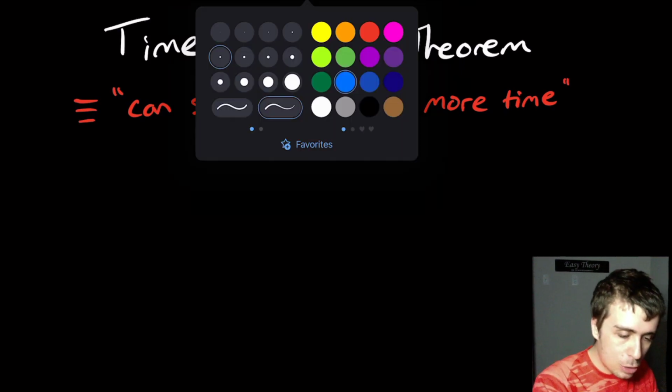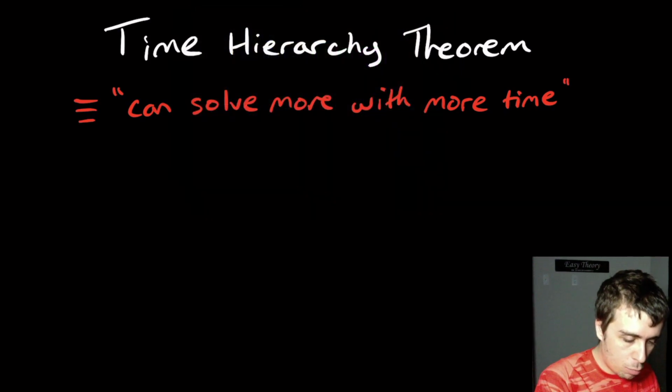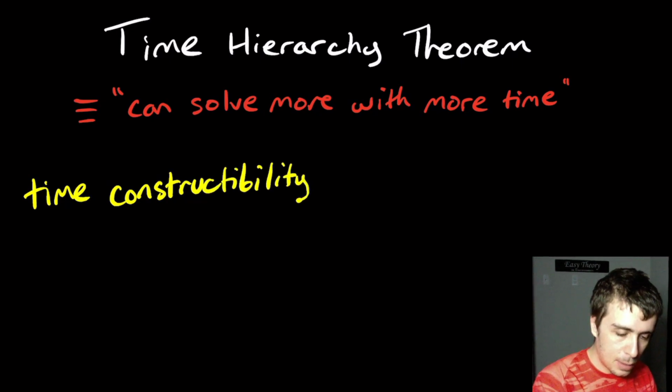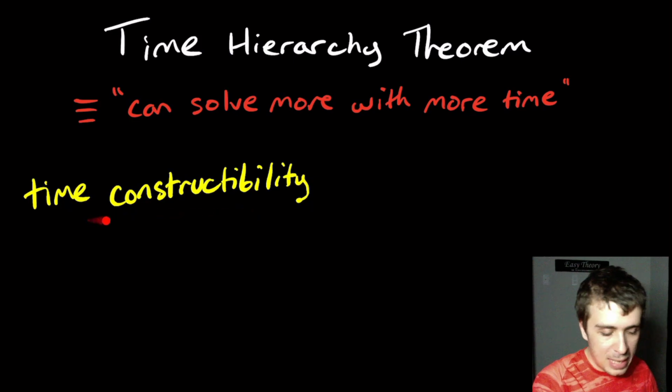So what do we actually need to be able to prove this? So one thing that we'll need is something called time constructibility. So what does this mean? So why do we actually need this?